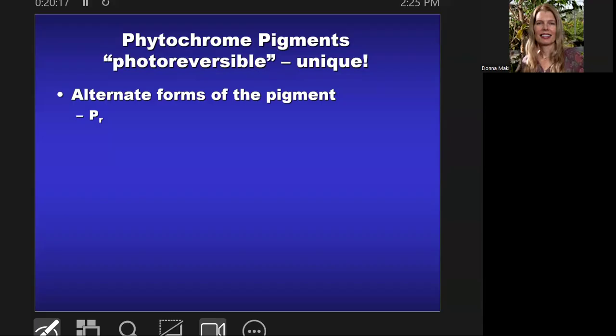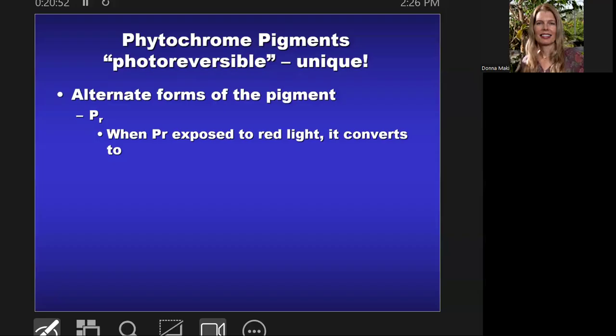So when we talk about phytochrome, we abbreviate it P sub R for the red form. P stands for phytochrome, and the subscript R is referring to red light. So when the phytochrome pigment is in the PR shape in the plant and it gets hit with red light, it can pay attention to that, and it will then change its shape.